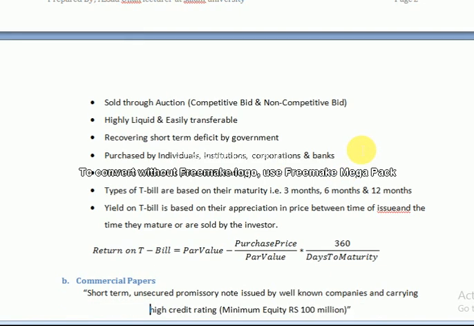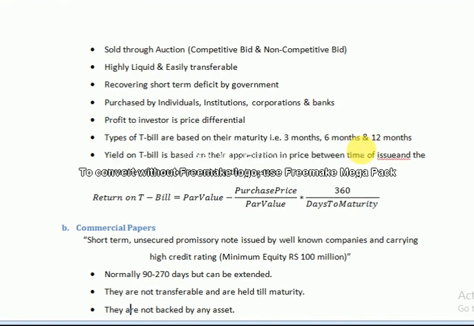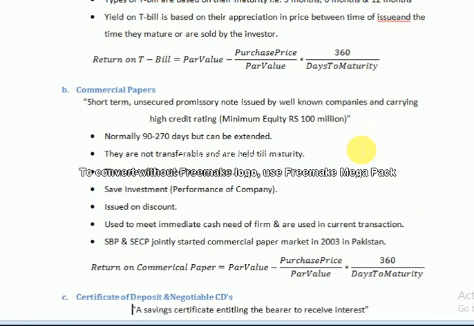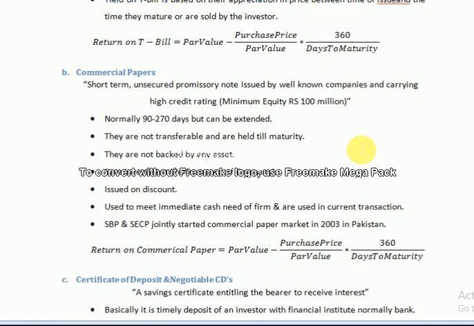So today our lecture is regarding the commercial papers. In our previous lecture we discussed the T-bills in detail, but one of the students asked me a question: sir, what is the difference between T-bills, T-notes and T-bonds?